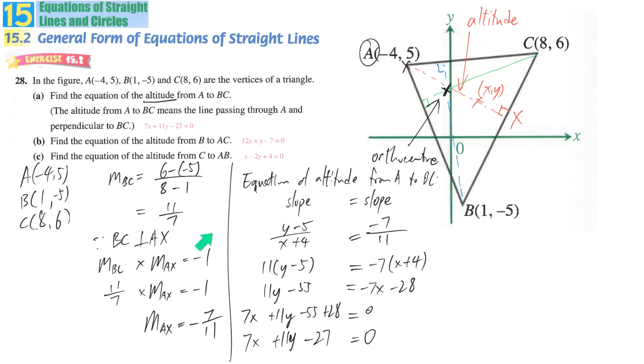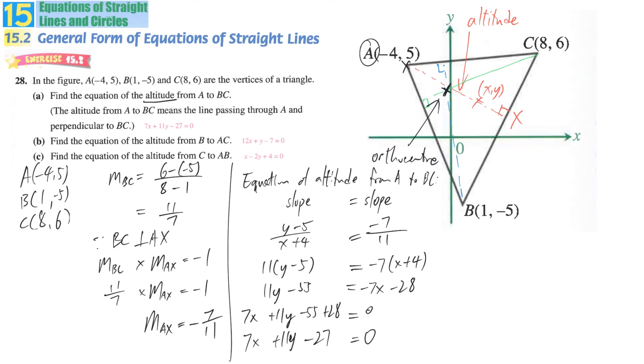And then we can compare with the answer. Our answer is correct. This is the constraint for any xy combination on this line, or in reverse, any point on this line will fulfill this requirement.